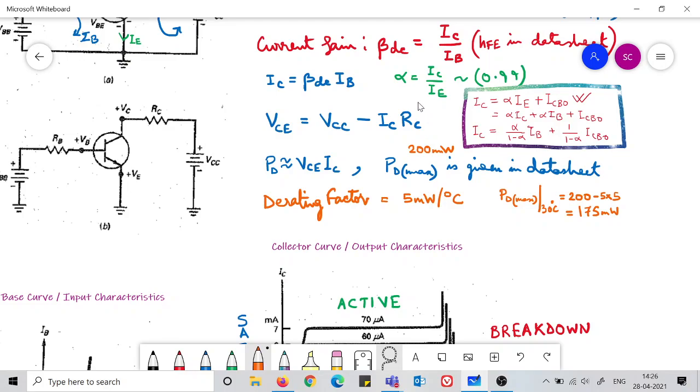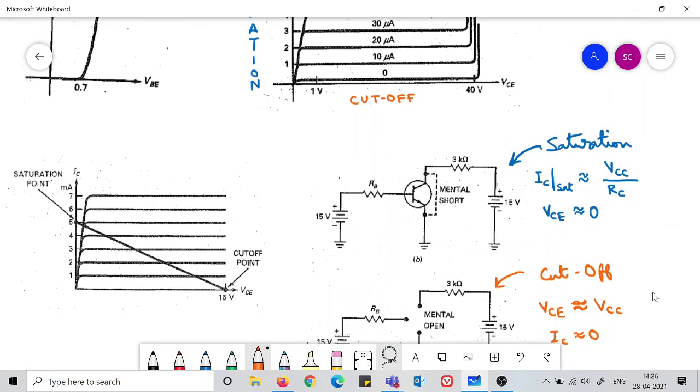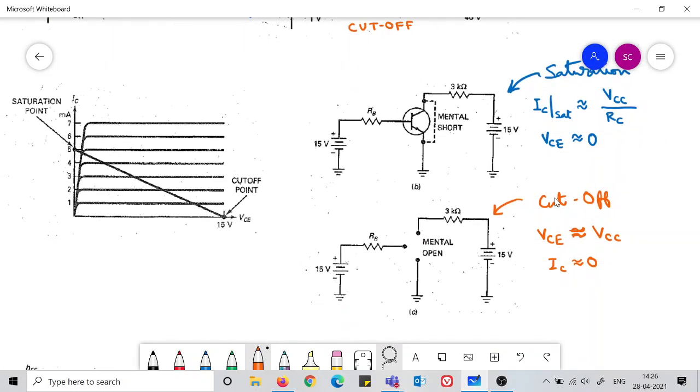When you plot this KVL equation, those 2 points, the approximated saturation and cutoff points, are part of that load line, and any other values of VCE and IC which appear in the circuit will be on this load line.